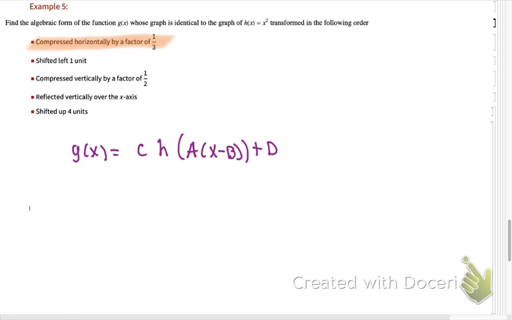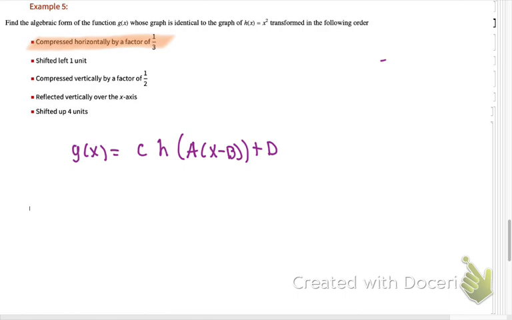Okay, so our goal is to find a, b, c, and d from the list of transformations, and then eliminate the h by using the fact that h of x is x squared. And by the time we're done, we're just going to have an equation with only numbers and a variable x in it.